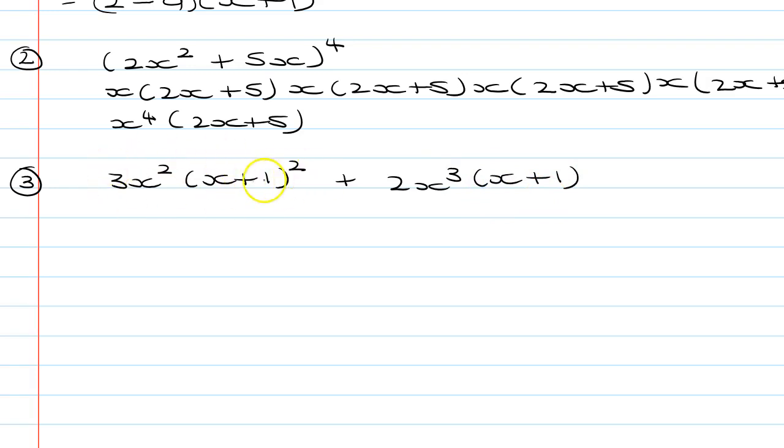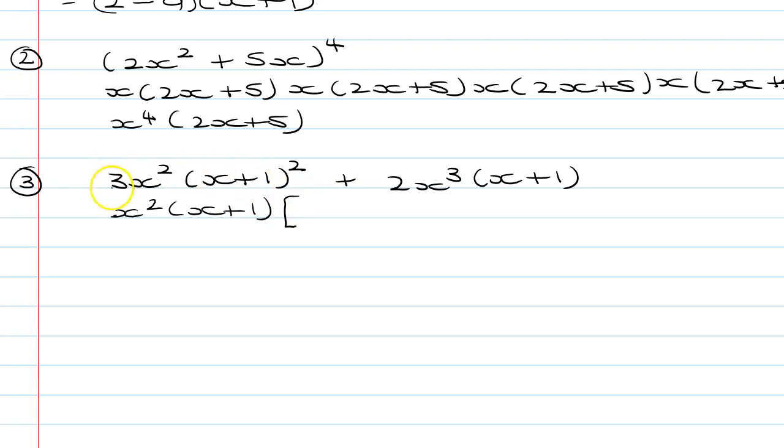Looking at this term, we can see there's an x squared here and an x plus 1. Look at this term here, there's also an x squared and an x plus 1. That's the highest common factor between both the terms that I can pull out. So let's pull out the x squared and the x plus 1, and then I'm going to introduce a square bracket. This just tells me that it will need simplifying afterwards.